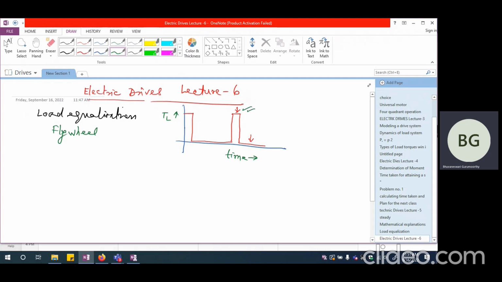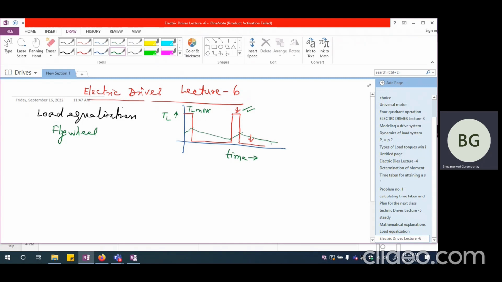So in that case, you may just see that the electromagnetic torque developed by the motor could be somewhat like this. It could actually very well be much lower than whatever is the TL max that is being demanded by the load system.